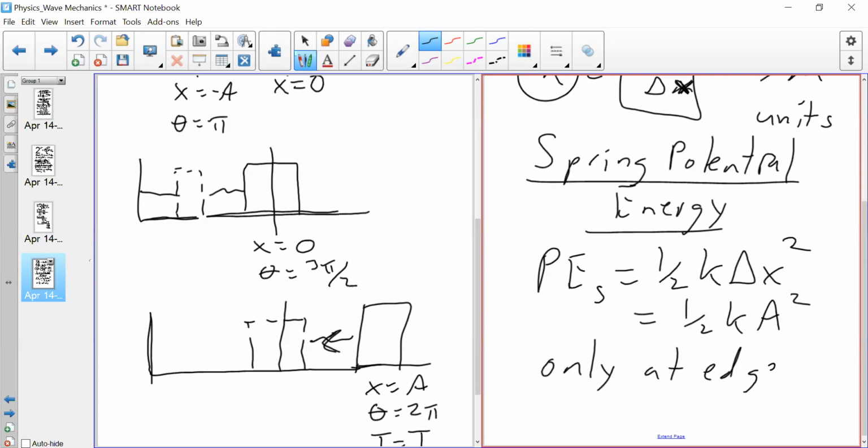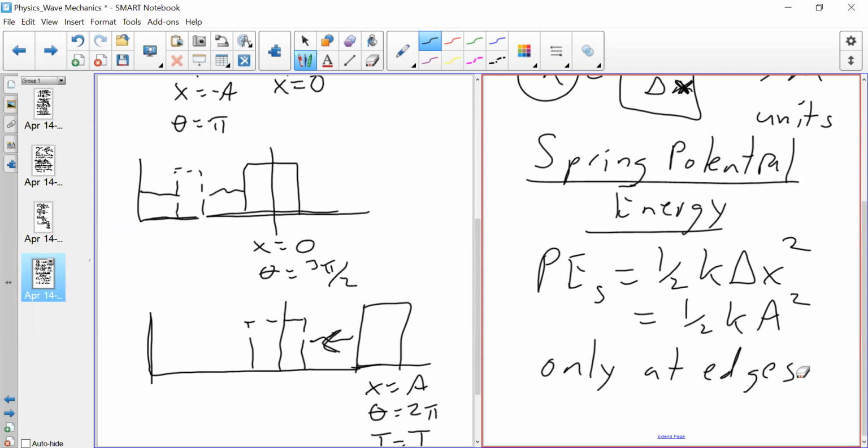Because that's where maximum displacement occurs. Well, okay, again, maximum potential energy is at the edges. You can have potential energy at any other place that's not zero, but we're going to keep it simple and talk about the maximum potential energy. So that's at the edges.